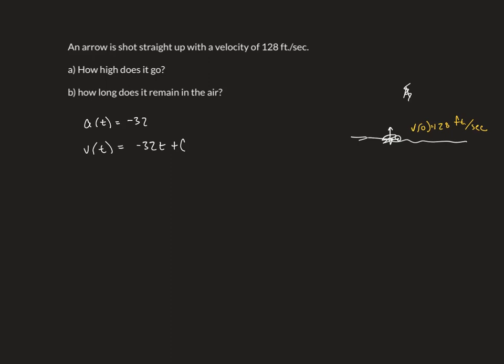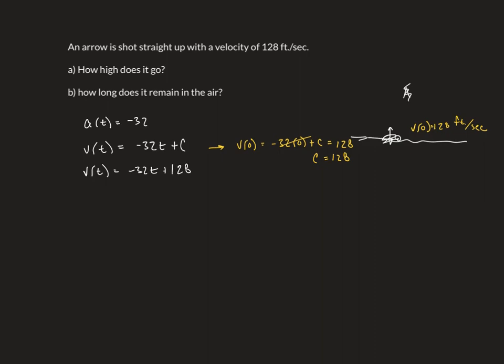This time I know that v of 0 is negative 32 times 0 plus c, and that is 128. So c is 128 now. So I can say that v of t is more specifically negative 32t plus 128.